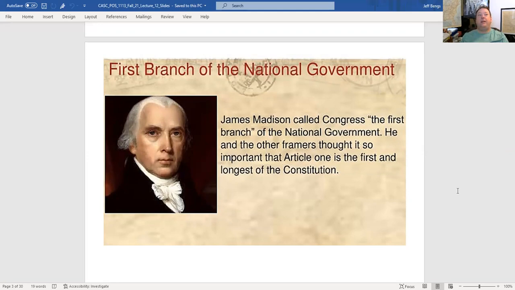But there has been a back and forth between the branches at times, especially between Congress and the executive office, the presidency, of who is the most powerful and who has the most influence. We will not debate that, and we will not have to worry about that for the test. But I think it's enough to understand that the framers felt like this is probably the most important branch, and so it's mentioned first, and it gets the most ink in the Constitution.